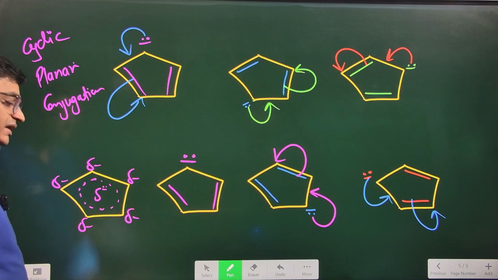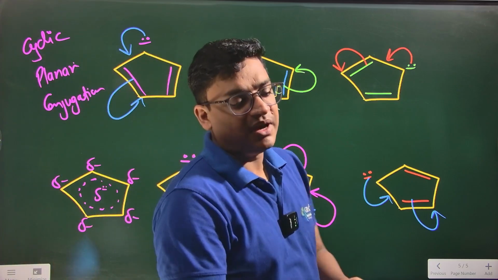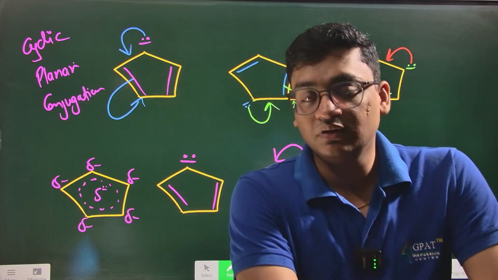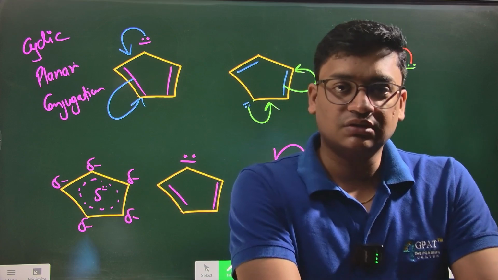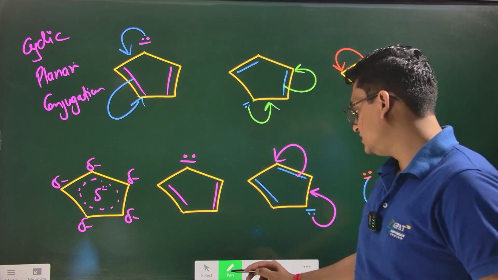And the next case is how many electrons are actually taking part in the conjugation. You have to be very careful for this last condition. Let's see.